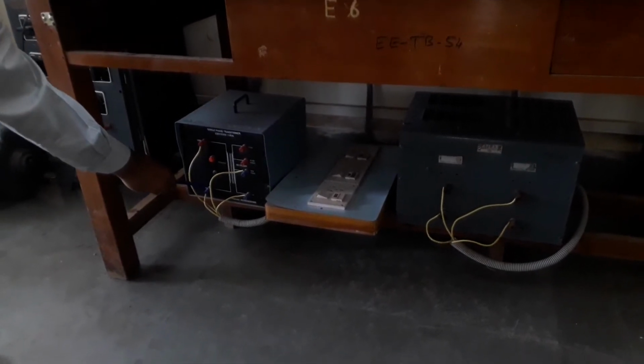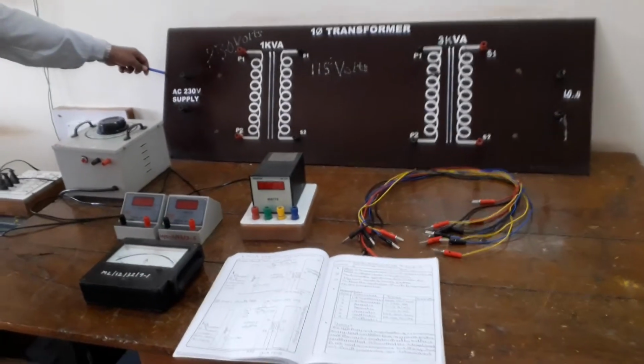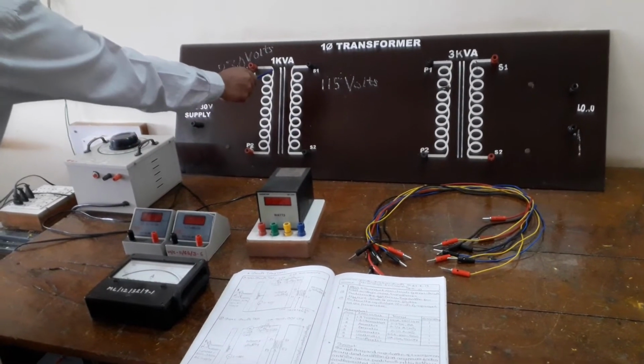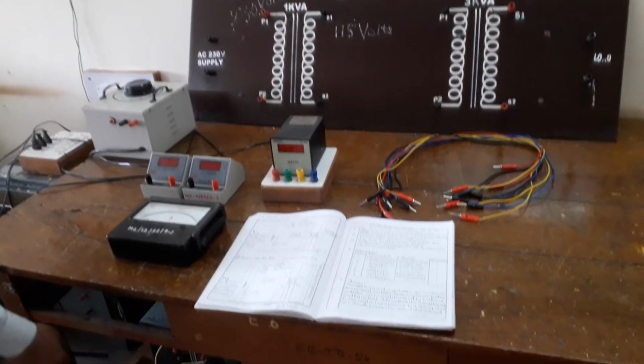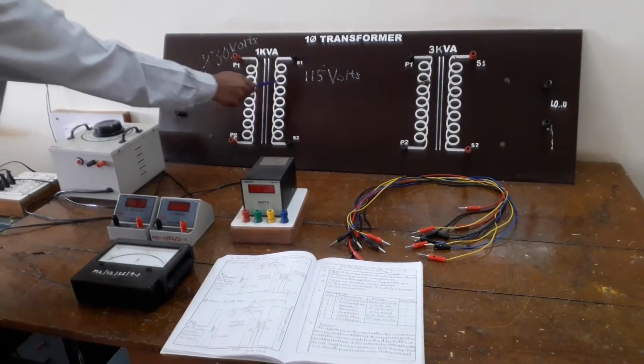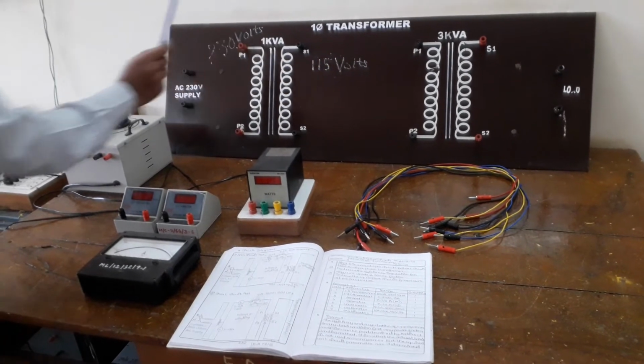These connections are made at the back of this panel. This is our 1 kVA transformer, where primary is set to 230 volts and secondary is set to 115 volts.